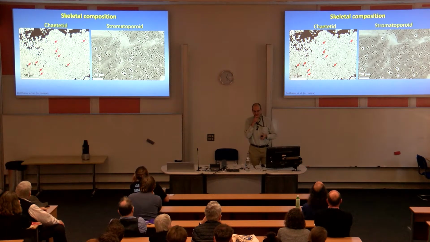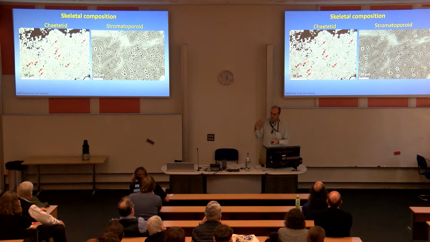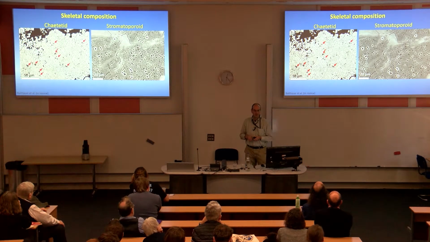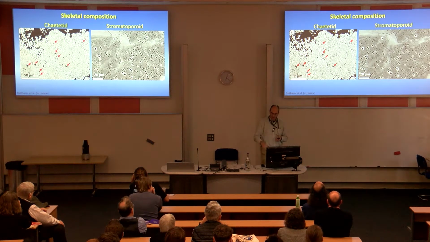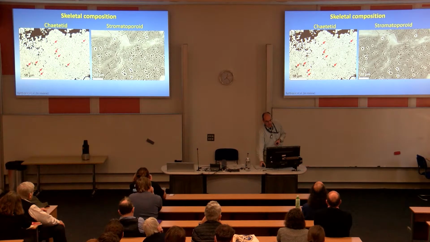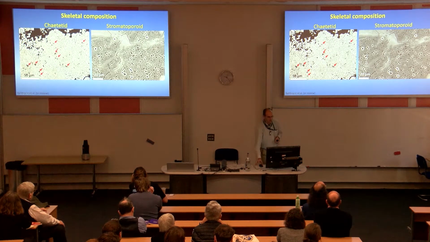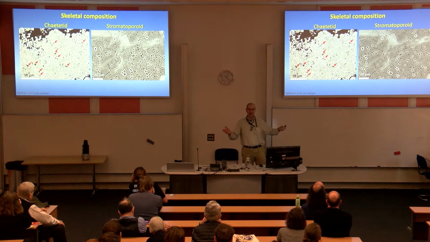Beyond this, what about the elemental maps or other compositional information? First of all, both of these groups of sponges are characterized by an enormously high microporosity. So this is one image of a stomatoporoid. I could have chosen at random any image I looked at.